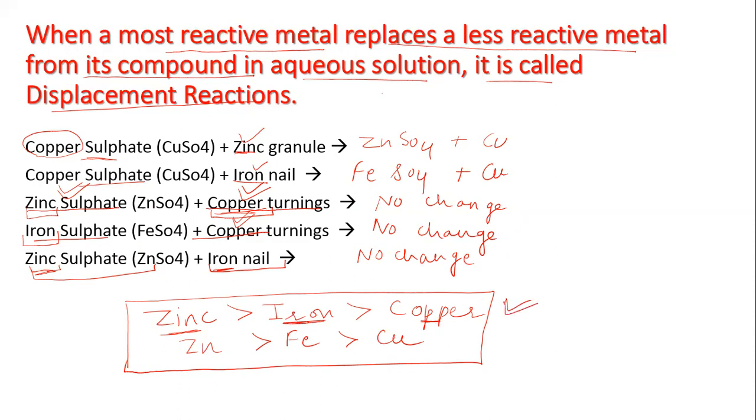Don't get confused about why, if zinc can replace copper, copper cannot replace zinc. Remember that science is not arbitrary. It is based on facts, on definite truths. Only a more reactive metal can replace a less reactive metal. As copper is less reactive than zinc, zinc will be able to displace it, but copper will not be able to displace zinc from its compound.